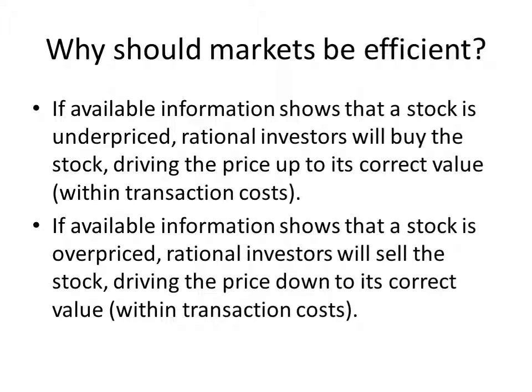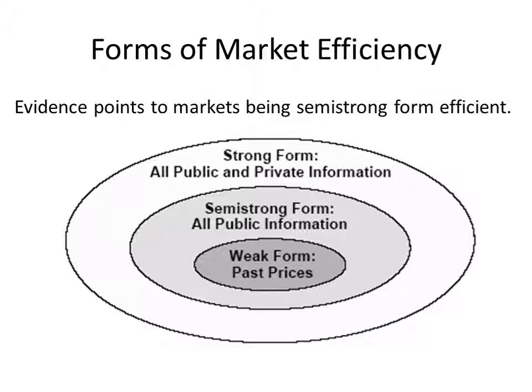But either way, whether you own these shares to begin with or you're short selling, that action will drive down the price of the stock. And if enough people do this, you wind up with the stock price being at its correct value, once again, within transactions costs.